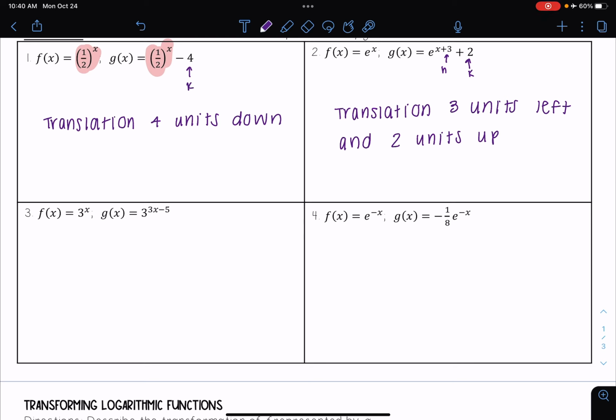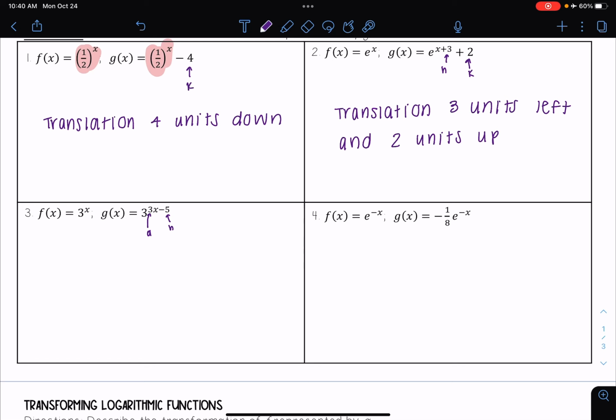Okay, number 3, I have f of x is equal to 3 to the x, and then g of x is equal to 3 to the 3x minus 5. So I see here I have an h, that minus 5, and now I also have a number in front of x, so that is my a. Now since it is with my x, it's not being multiplied out in front, this is going to be a horizontal stretch or shrink. Since a is bigger than 1, this is a horizontal shrink.